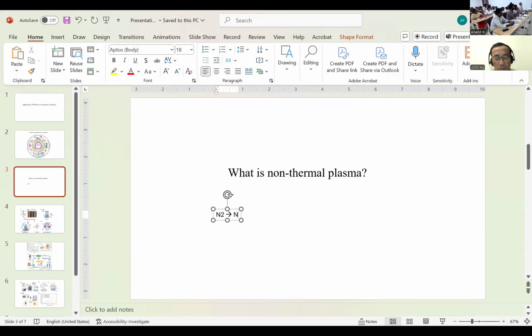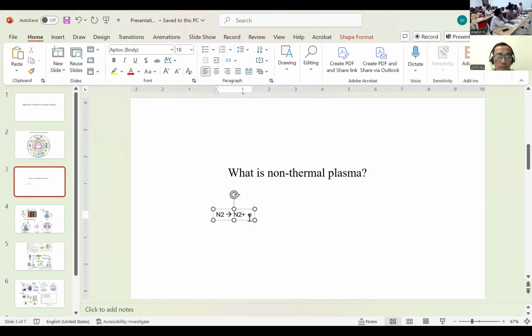The electrons take up the energy of the electricity that we are giving, so the ions, gases, and other radicals will have lesser energy than the electrons. So there will be a temperature or energy difference between the electrons and the other heavy particles, so we can call it a non-thermal plasma. Plasma is nothing but a soup of positively charged ions and negatively charged ions.